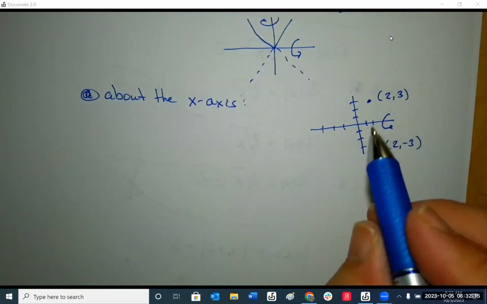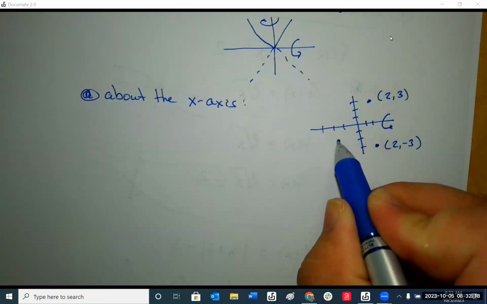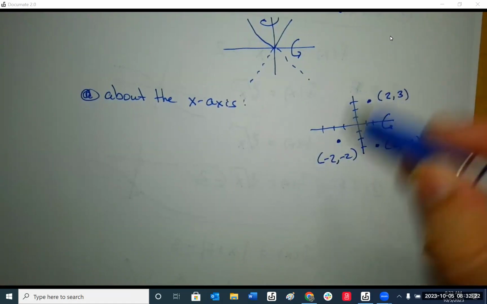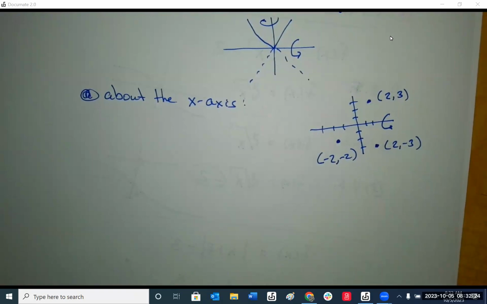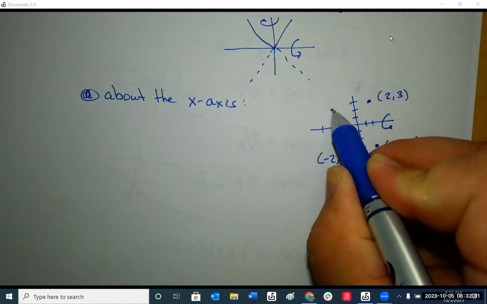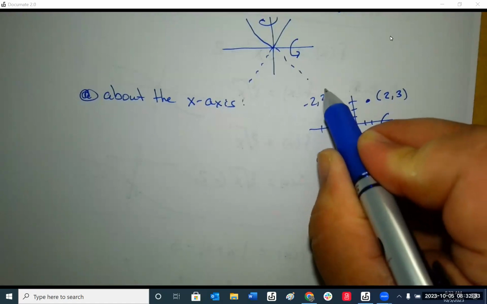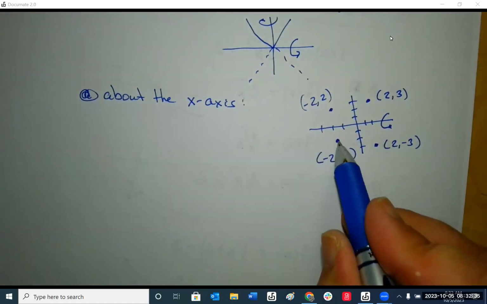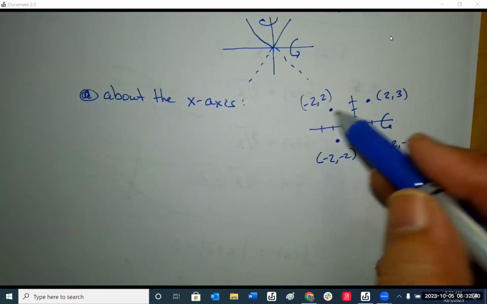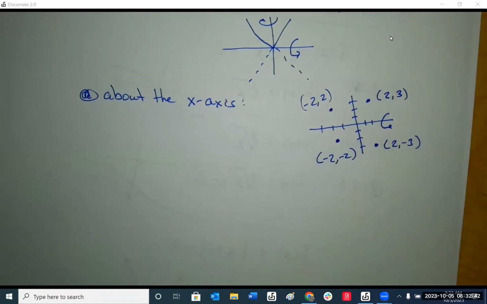Let's see. If I had the point -2, -2, and I flipped it across the x-axis, what's my new point? It's -2, +2. Because I started off at -2, -2. If I flip it across the x-axis, it's -2, +2. So what's the difference? What's happening here?